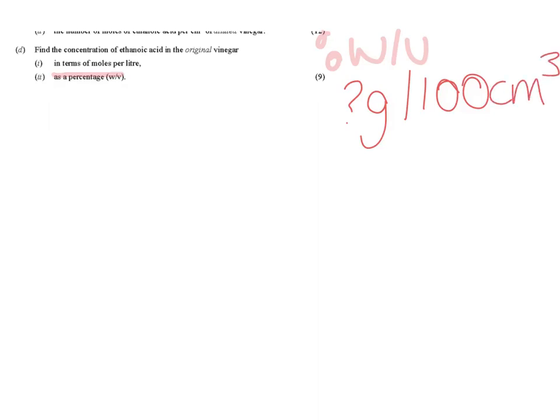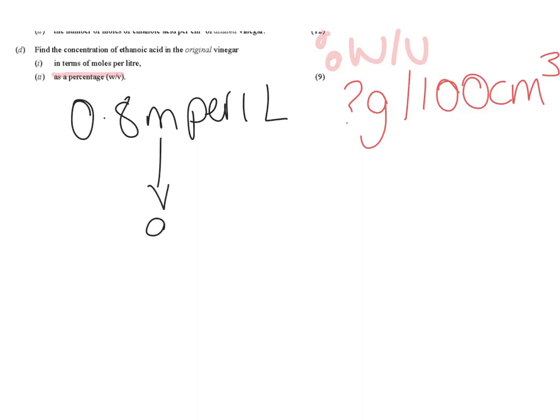All we know so far is that we have 0.8 moles per litre. There are two ways that you can go about this. I'm going to go with the first way, and switch my moles to grams. The easiest way for me to do that is to multiply by my relative molecular mass. When I'm doing this, I always add it up at the side.